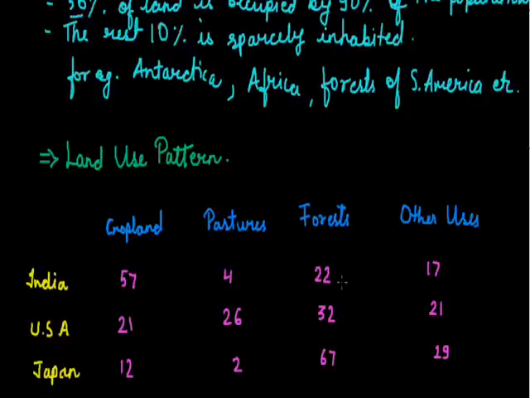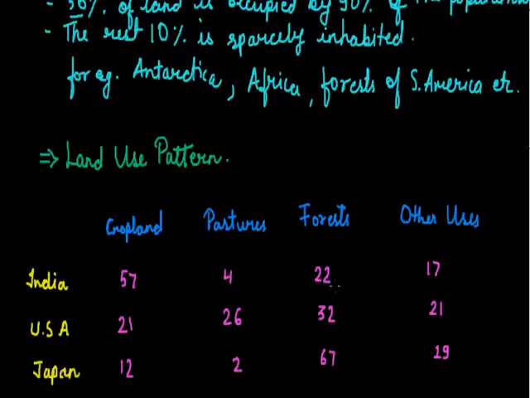But when we talk about India, the division is uneven. We have pasture land of only 4%, but on the contrary we have the highest population of cattle in our country, which is dependent on this 4% of pasture land only.